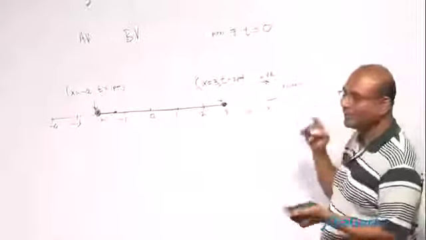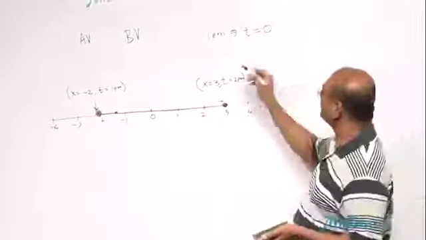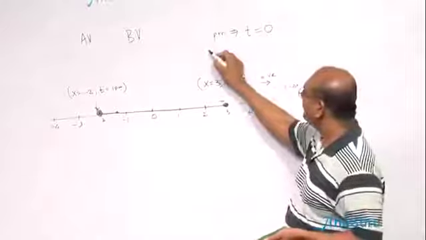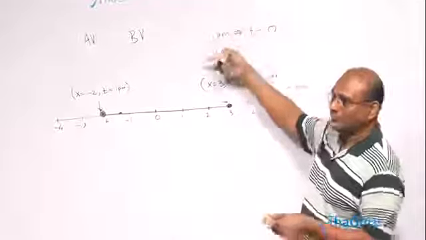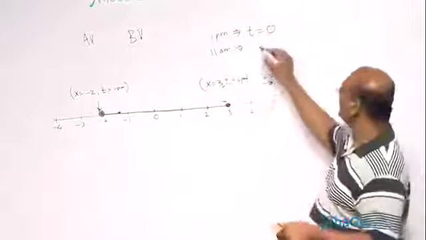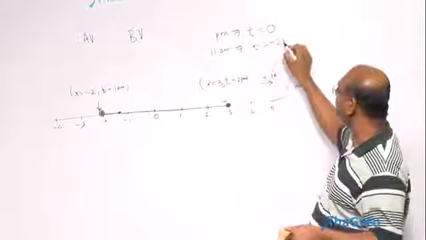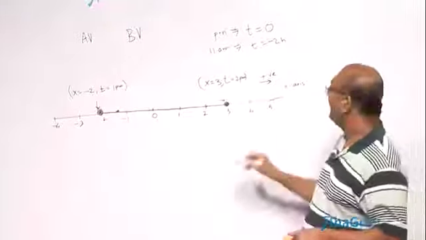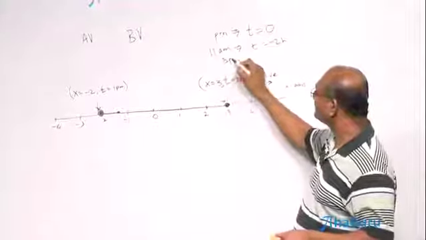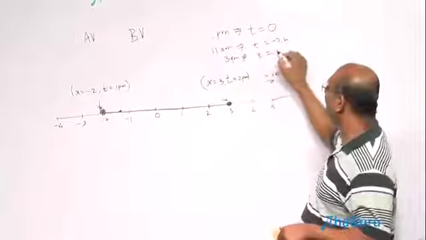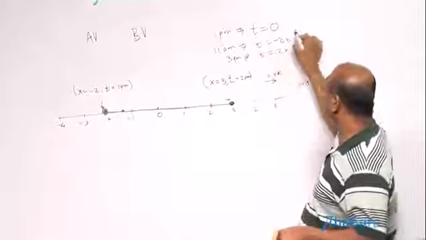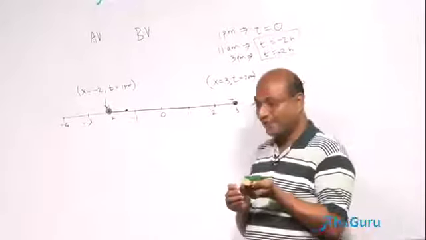Usually we are going to use seconds, but in terms of hours, 11 a.m. would be t equals minus 2 hours. And what about 3 p.m.? 1, 2, 3. So t will be plus 2 hours. So can you have negative time? Yes, you can have negative time.